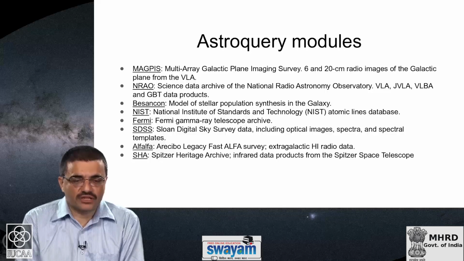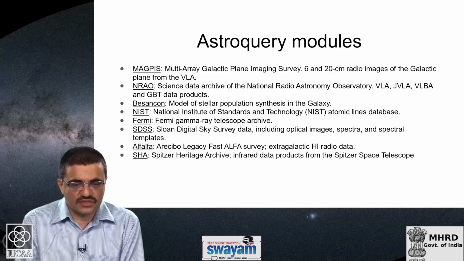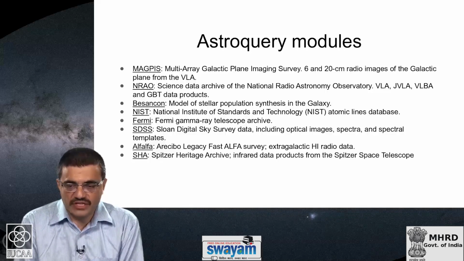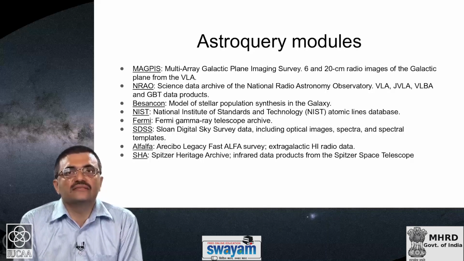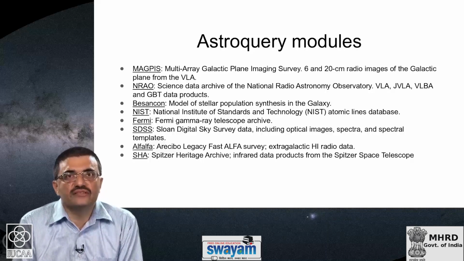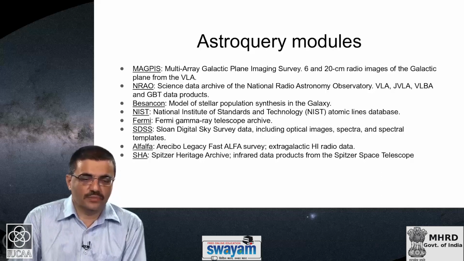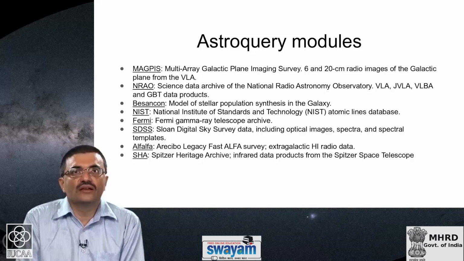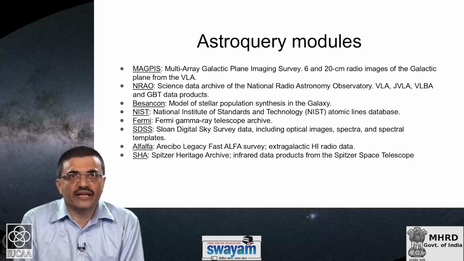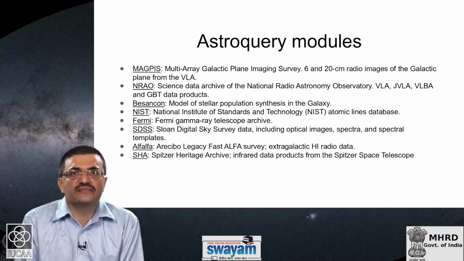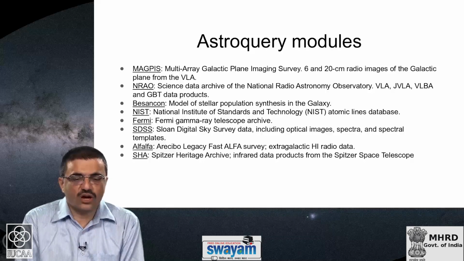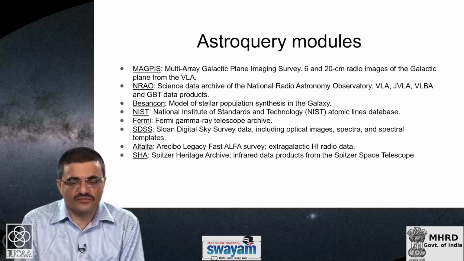There is a sub package called MAGPIS, which stands for the Multi-Array Galactic Plane Imaging Survey, and contains radio data at 2 frequencies of the galactic plane obtained with the VLA. The NRAO package gives you access to the science data archive of NRAO. The Besancon package gives you models of stellar population synthesis in the galaxy.